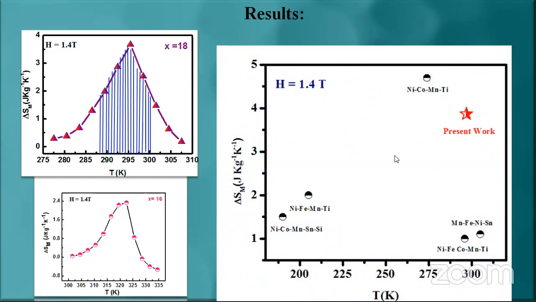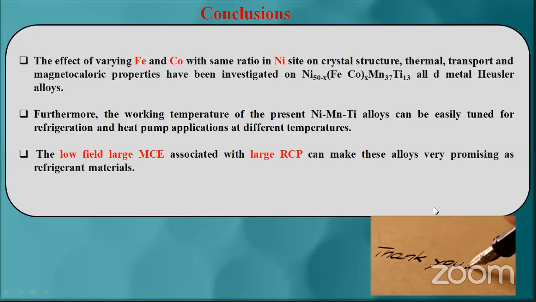So here I have compared our result with other Heusler alloys, and our sample shows a high result compared to the other samples. So in conclusion, the effect of varying iron and cobalt with the same ratio on the nickel side on the crystal structure, thermal, transport and magnetocaloric properties have been investigated in all-d-metal Heusler alloys. Next, the working temperature of the present alloy can be easily tuned for refrigeration and heat pump application.